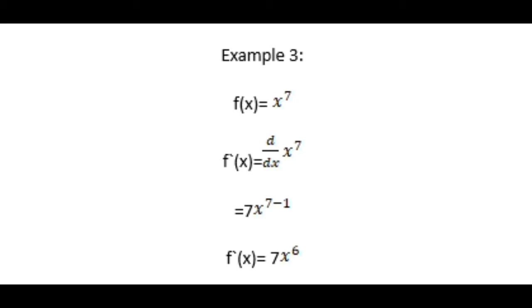Next, bring down the exponent of x beside the x and subtract the exponent of x by 1 and then solve, and that would be its final answer, which is f prime of x equals 7x to the power of 6. A few minutes later.